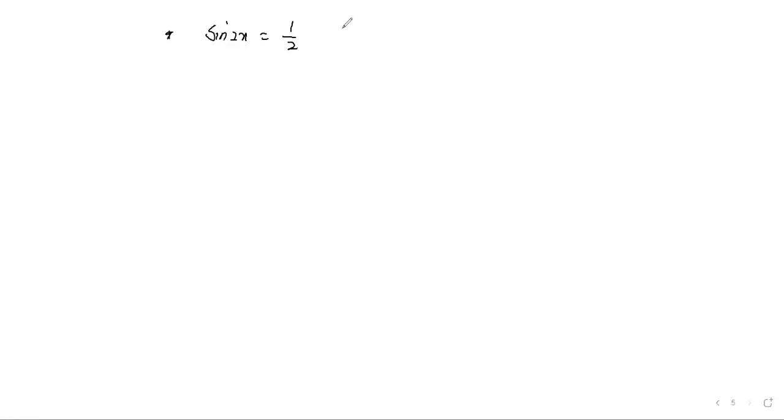And then we also do one like this: cos squared x is equal to 1/4.